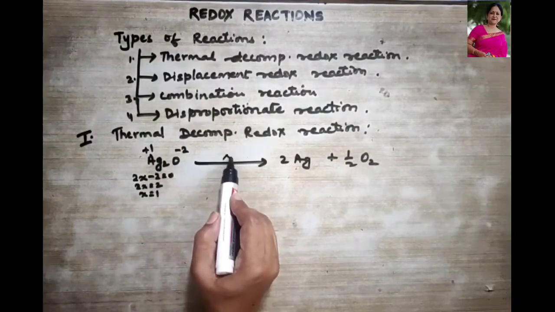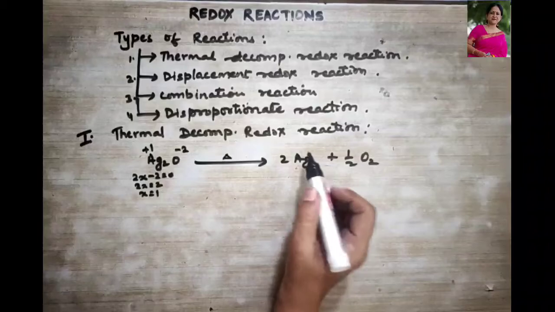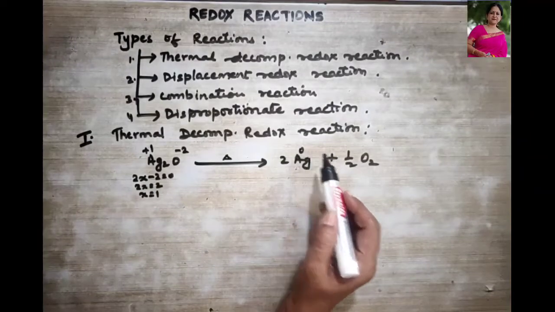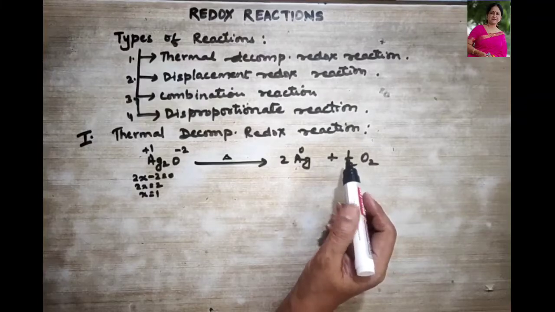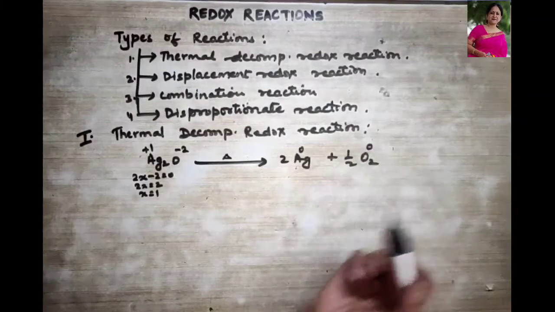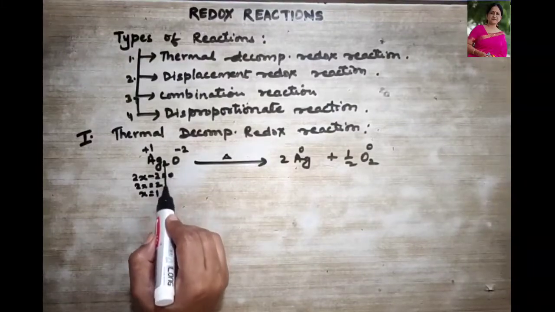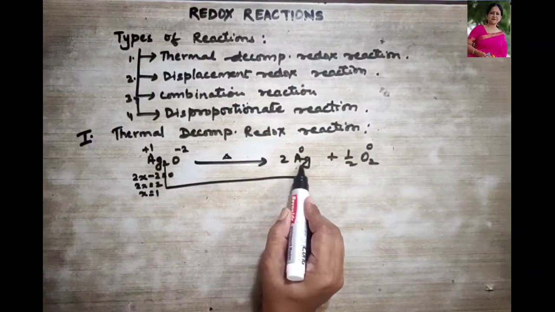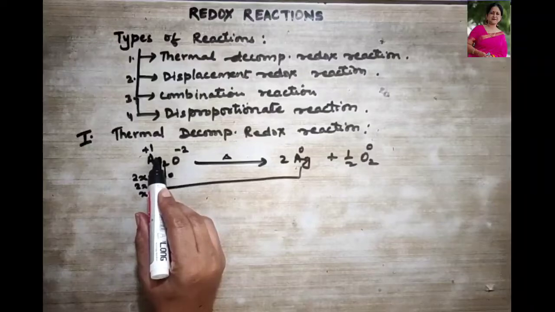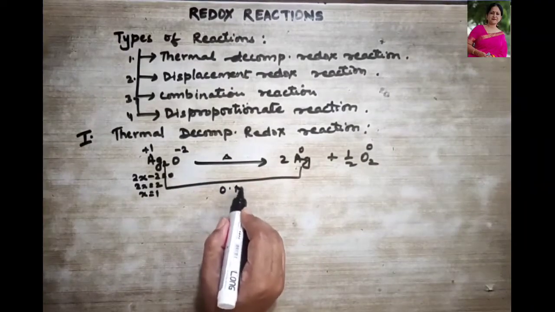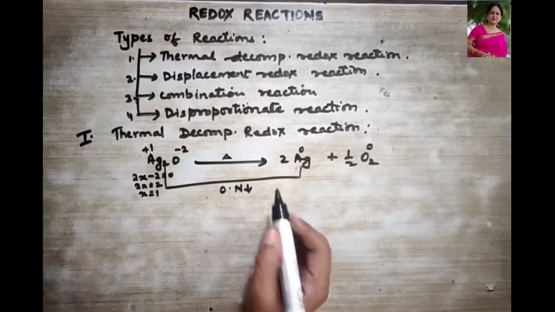Right, now on heating, what did we get? We get silver element, so the oxidation number will be 0. And what about this oxygen? Over here also it will be 0. Now let us see this silver. From +1 it has gone to 0, so the oxidation number has decreased.